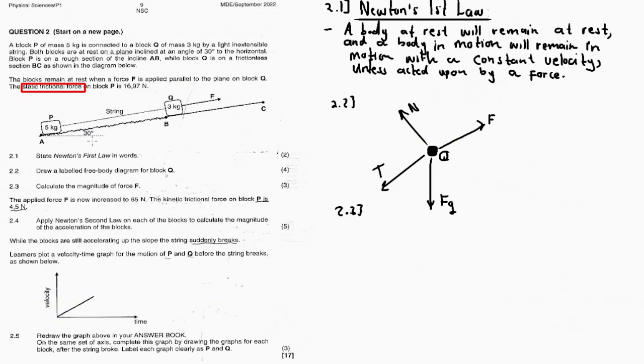Imagine a box sitting on top of a table. I use my index finger to move the object, it doesn't move. I use the second finger to move the box, it doesn't move. I use the third finger to move the box, it doesn't move. It means that the force I'm trying to apply to the box doesn't overcome, or is less than, the static frictional force for that box, right?